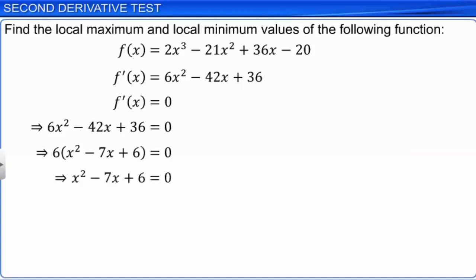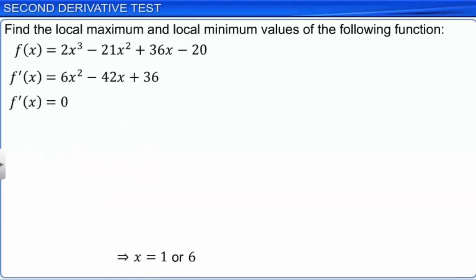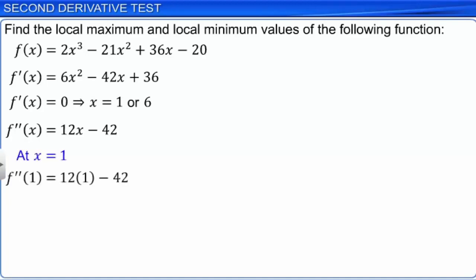Now, we will find the second derivative. The second derivative of f is equal to 12x minus 42. The value of the second derivative of the function at x is equal to 1 is minus 30. This shows that the second derivative of f at 1 is negative. Hence, the function has local maximum value at x is equal to 1.